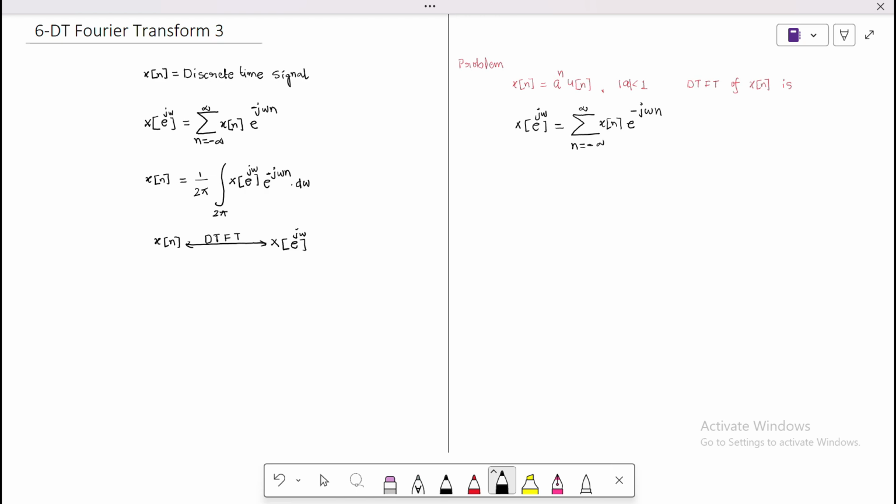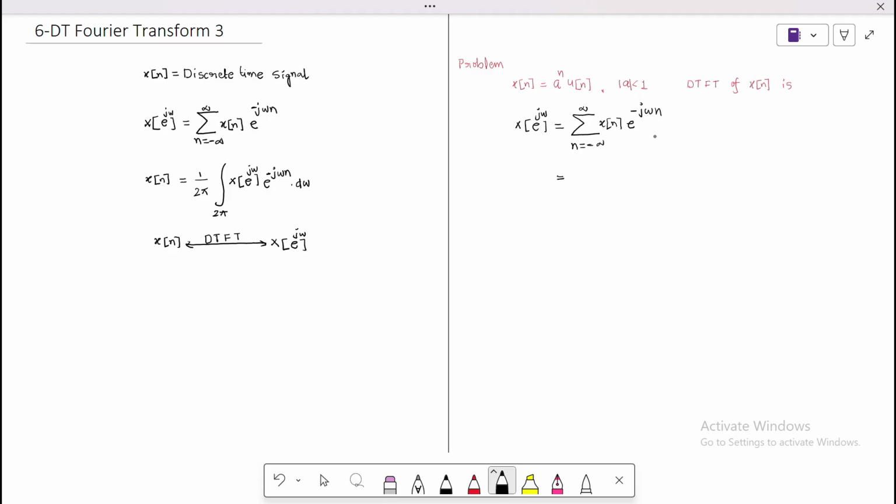So given x of n equal to a to the power of n into u of n, this a power n is multiplied by the unit step. It means that it is having magnitude for the positive values of n, from n equal to 0 to infinity. From minus infinity to 0, there is no signal.